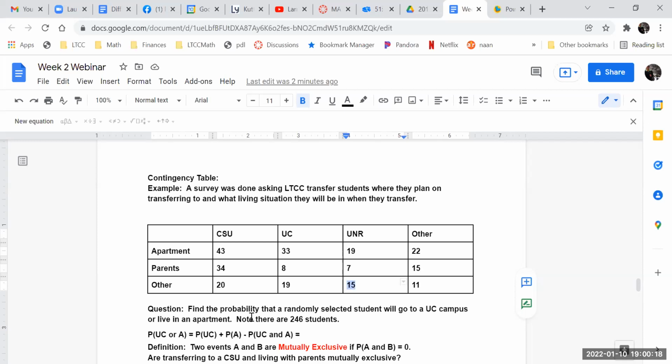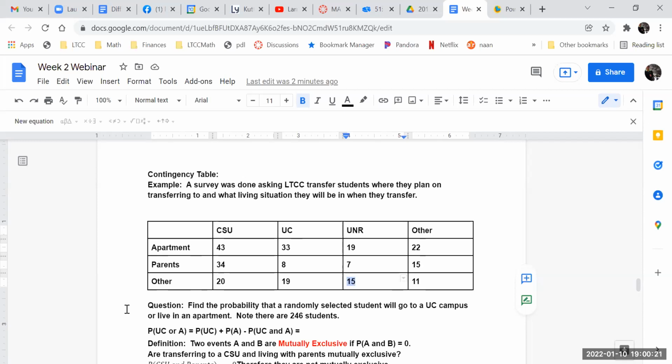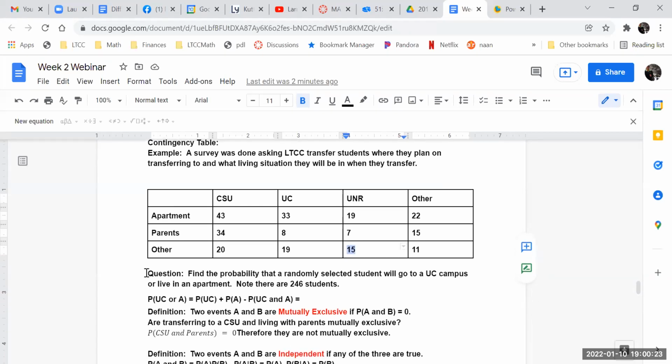All right, so the question I have is: find the probability that a randomly selected student will go to a UC campus or live in an apartment. Any questions on the question? Now, just to save us time, I did this: there are 246 students in the survey.